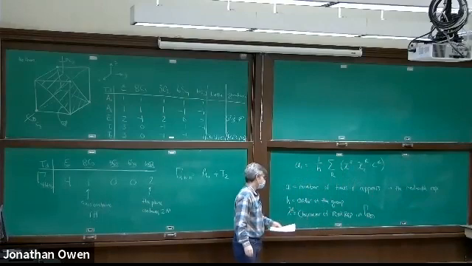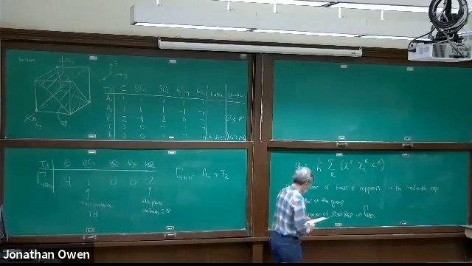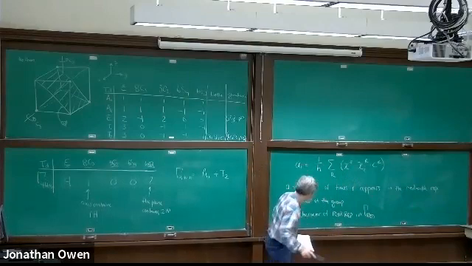Chi of R is the character of the reducible representation. Sorry, this is not quite right.